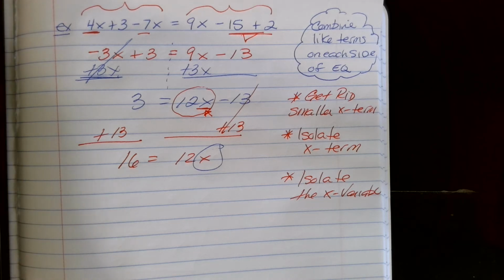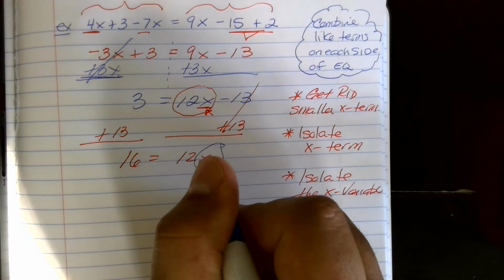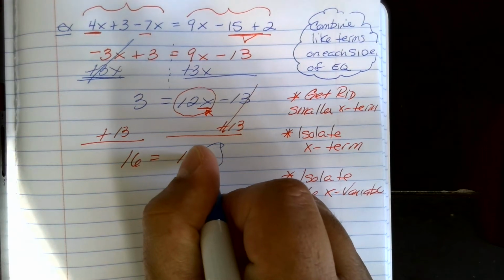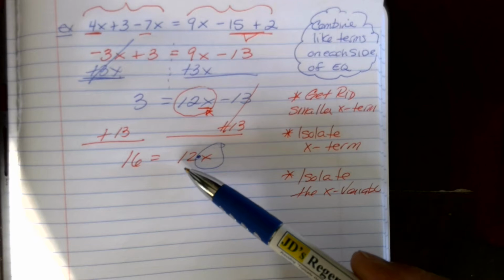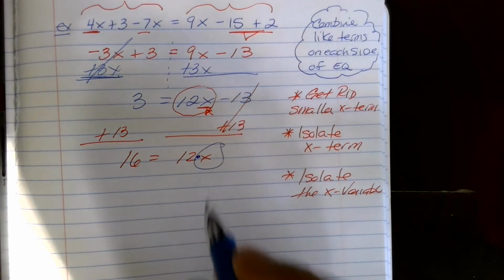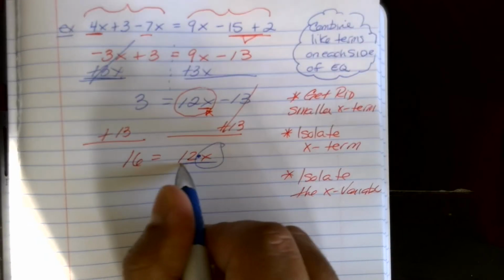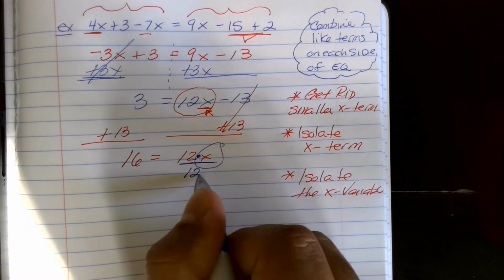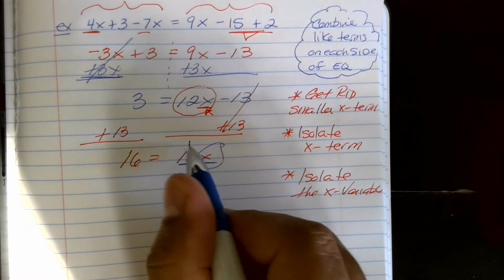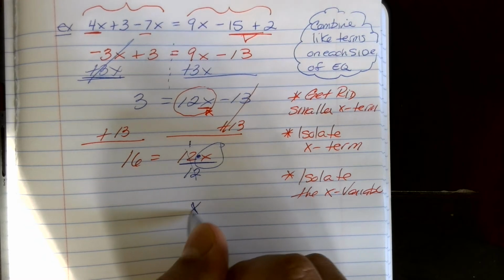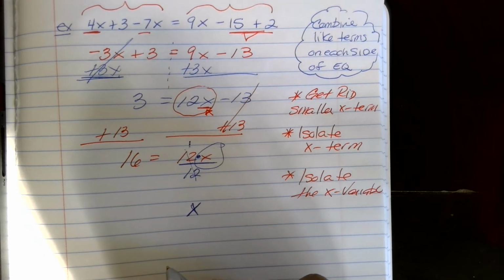So to isolate this x variable, we want to get rid of this 12. We do it by the opposite operation. This is 12 times x. So in order to get rid of it, I want to divide by 12. 12 divided by 12 will give me 1, and 1 times x will give me x. I'll get x by itself that way.